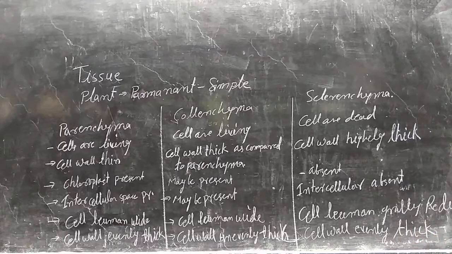So if we see the cell wall of parenchyma, collenchyma and sclerenchyma, the type of thickening is different.